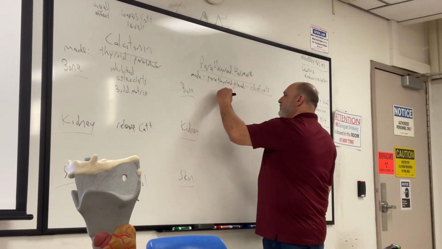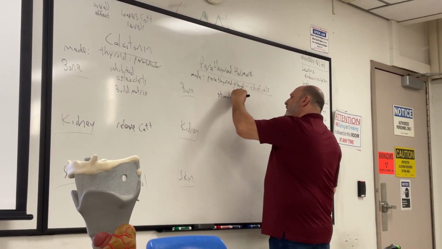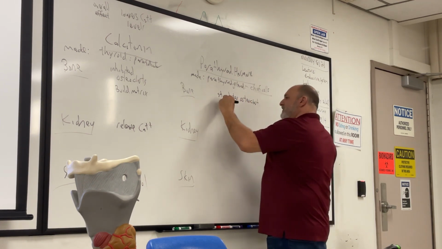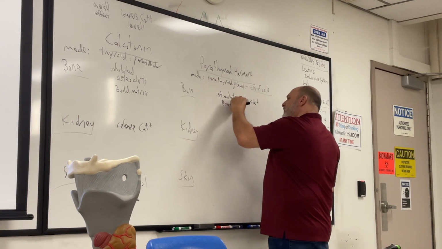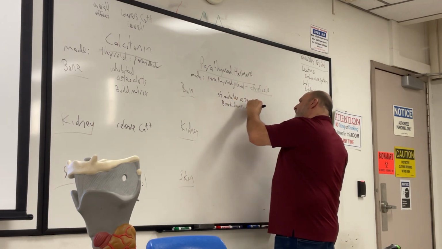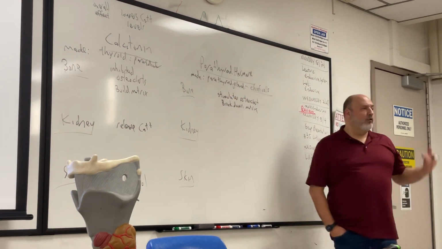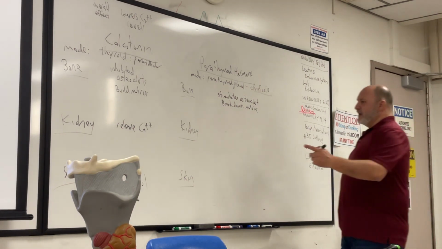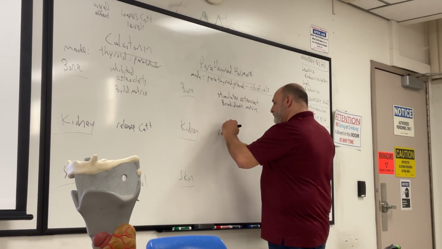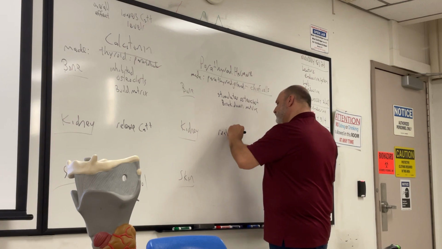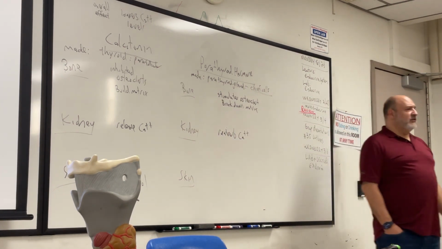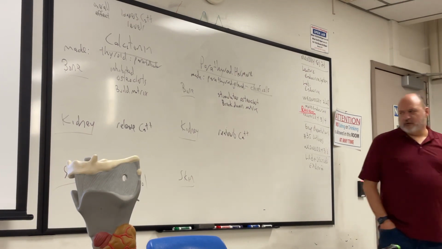Yeah, this stimulates our osteoclasts. So we break down matrix. And of course, when we break down the matrix, where does the calcium go? Into the blood. It targets the kidney to reabsorb more calcium, putting that calcium back into the blood.